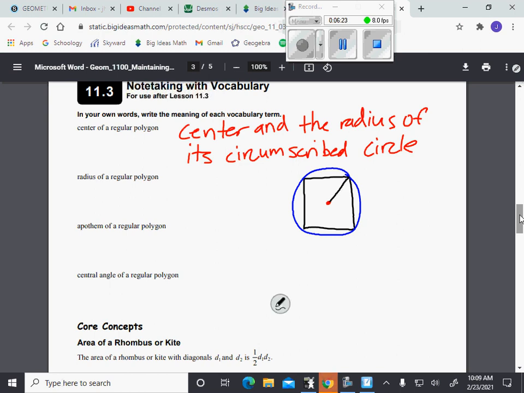There's my radius. The radius goes from the vertex to the center of the shape. The apothem, I'm not going to write a definition, I'm just going to draw it. The apothem goes from the center to a side. It's going to be a little shorter than the radius.